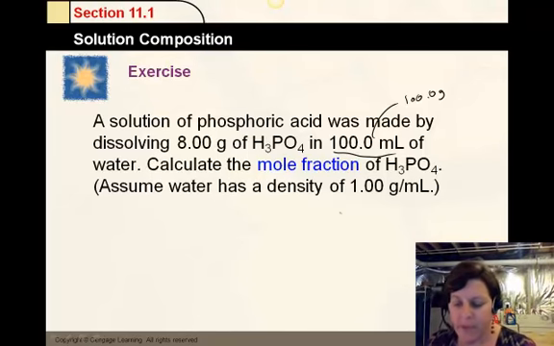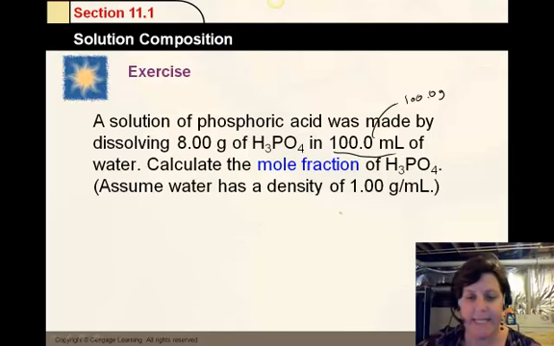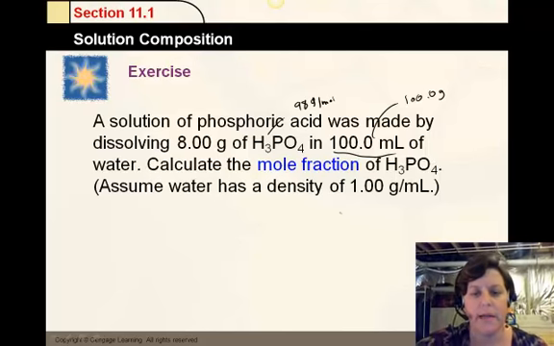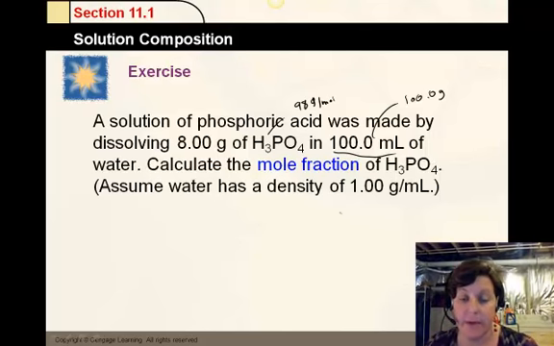So we would have to convert both of these to moles. So I would look up the formula mass for H3PO4, and I believe when I did that I got 98. So this is 98 grams per mole. Oh, and of course water has a formula mass of 18 grams per mole.